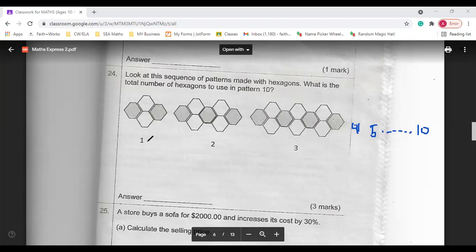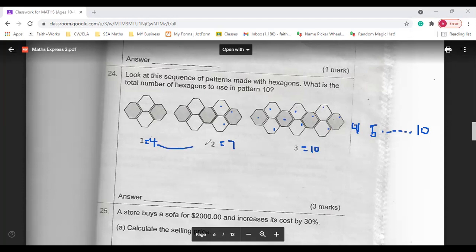Pattern 1 is 4. Pattern 2, how many hexagons? 1, 2, 3, 4, 5, 6, 7. Pattern 3 gives us 10.